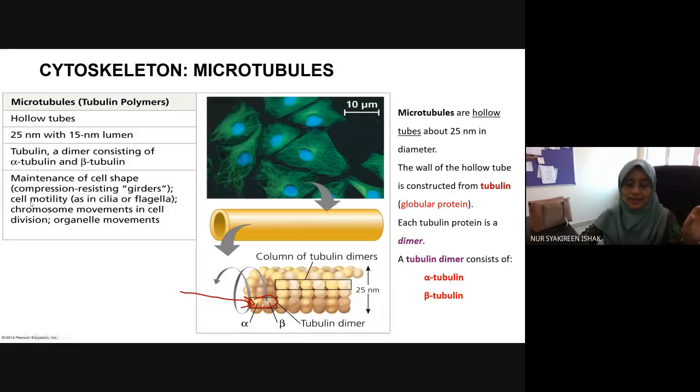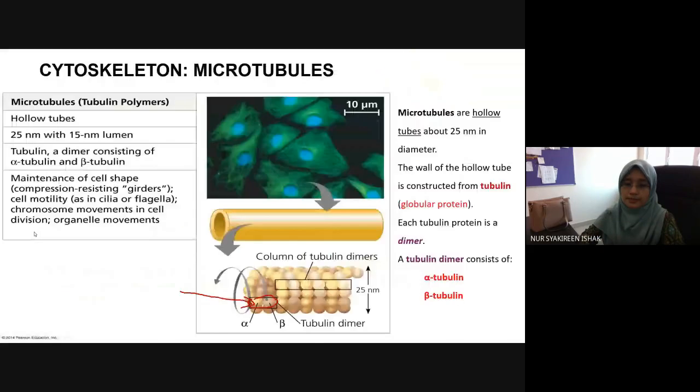As an example, it is a component of the flagella of sperm that allows the sperm to swim. They are involved in chromosome movement in cell division, as a component of centrioles that form the spindle fiber during mitosis or meiosis. They are also involved in organelle movements, for example the movement of vesicles from the rough ER to the Golgi apparatus.